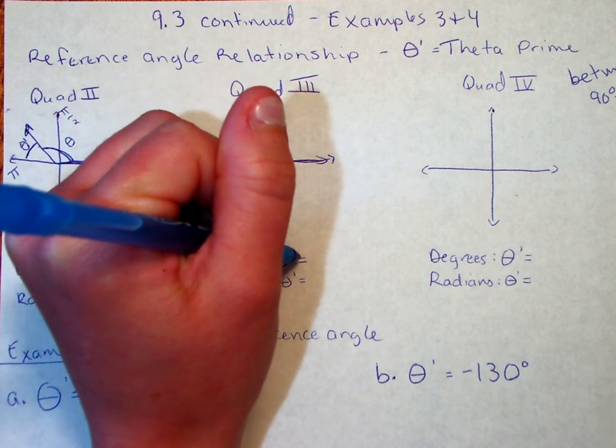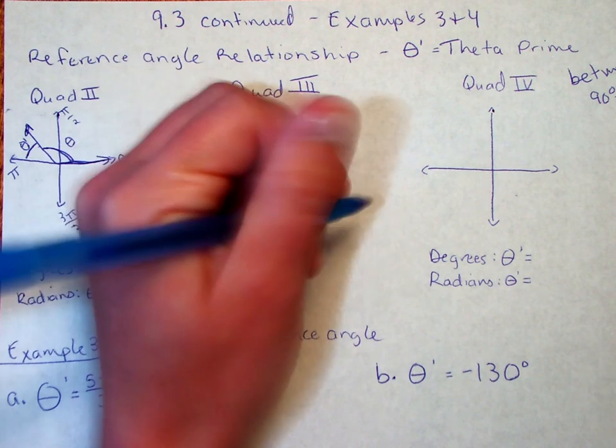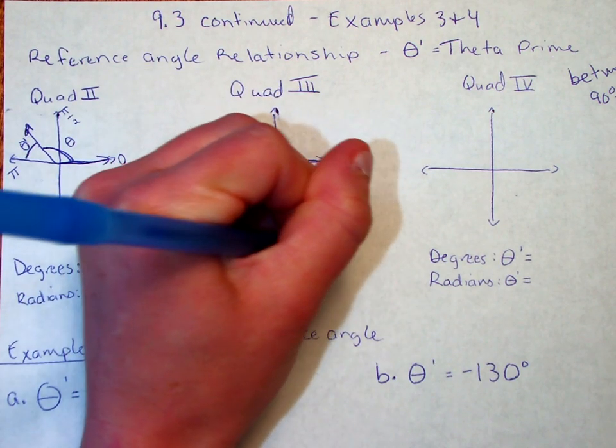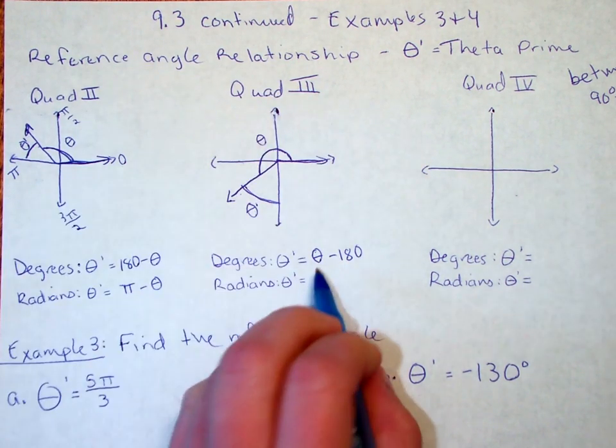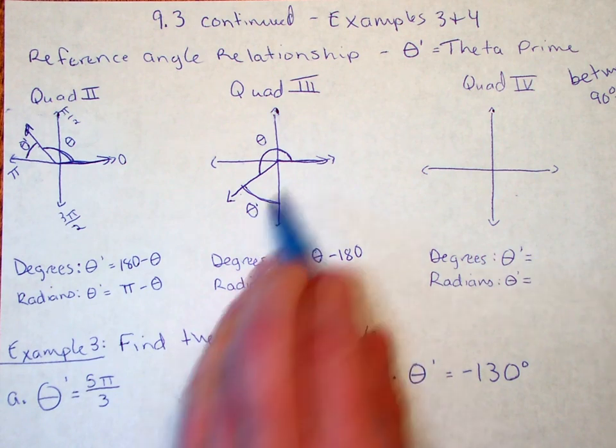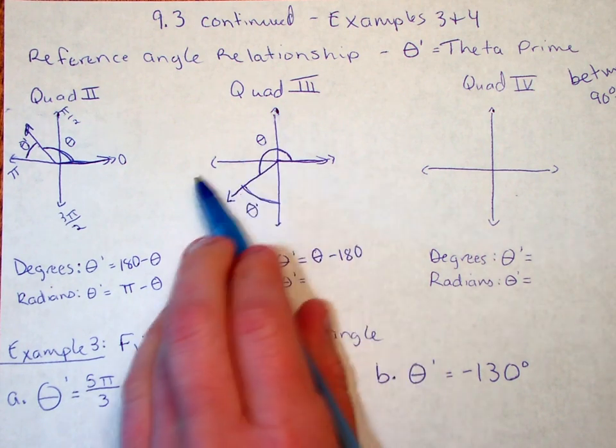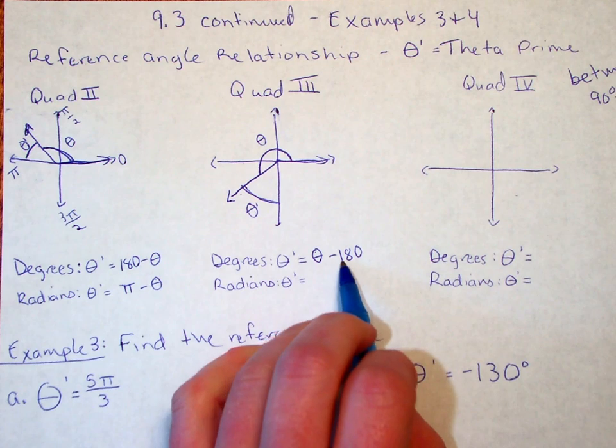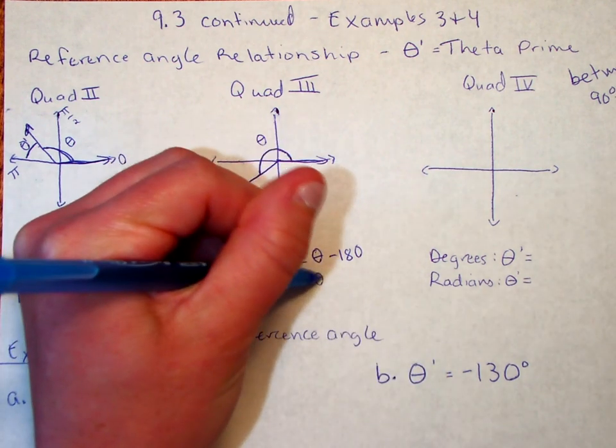As far as degrees go, you're going to change it up a little bit. You're going to take theta minus 180. You want to take theta minus 180 because this is going to be a bigger angle than 180, so this prevents us from getting negatives. Or theta minus pi.